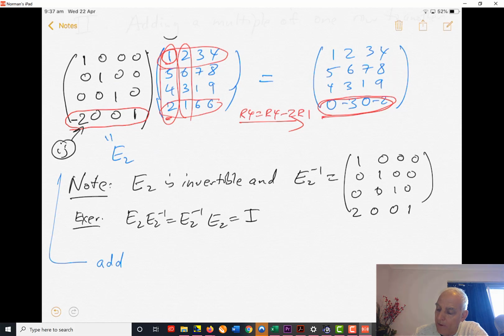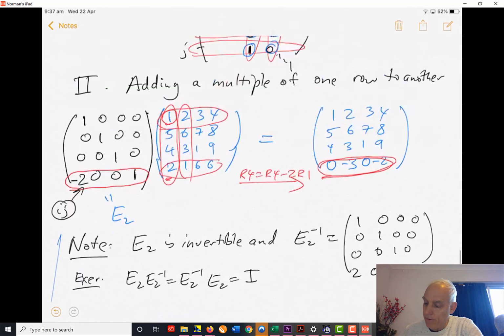So we're adding minus 2 times row j to row i. So that's how you would generalize that to the n by n case.